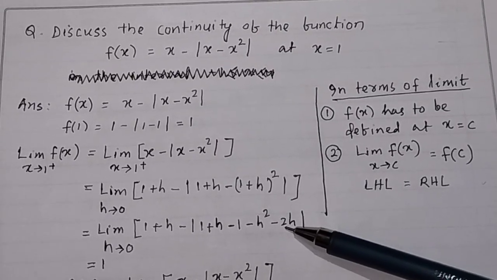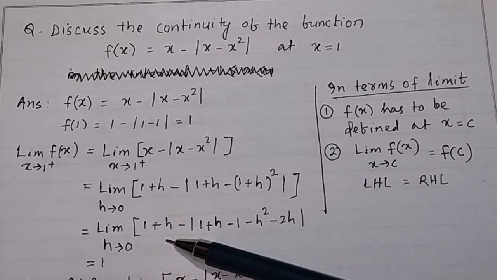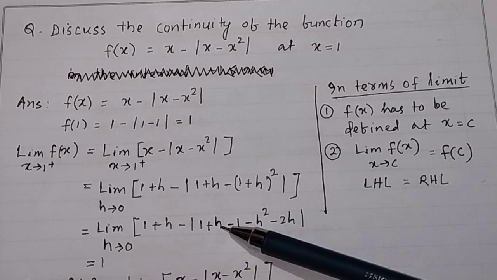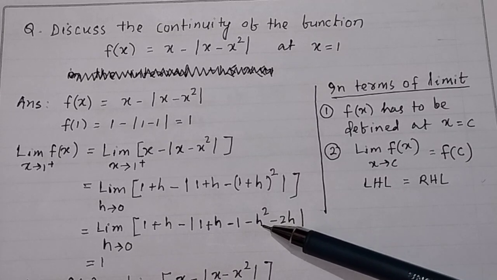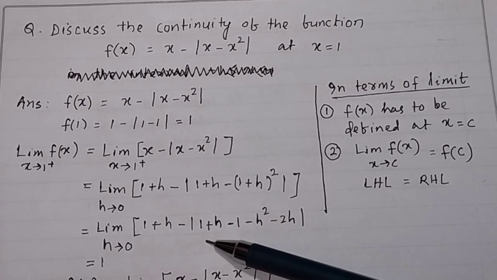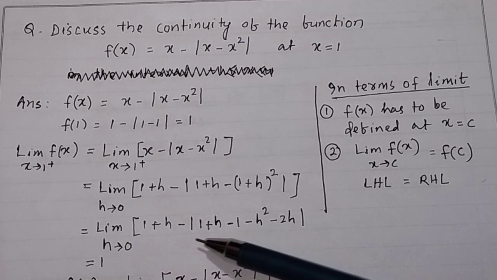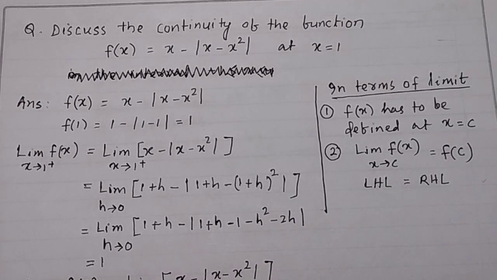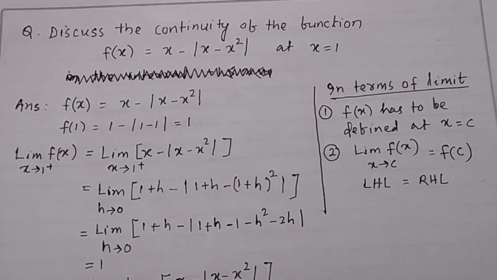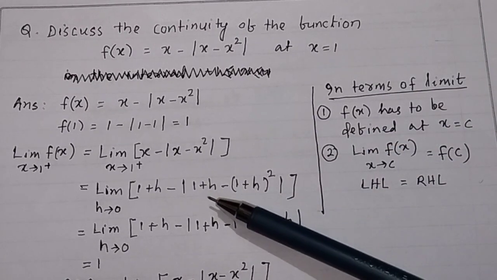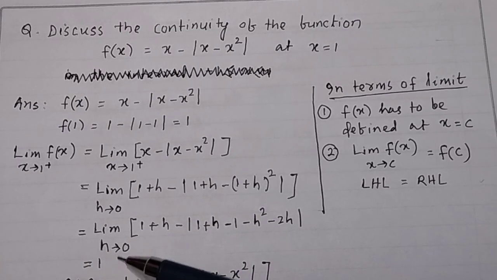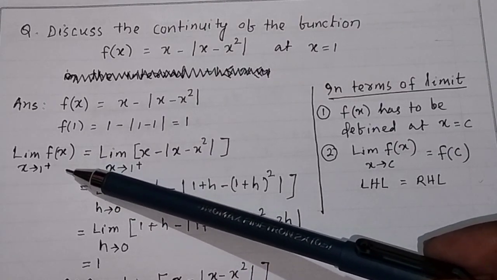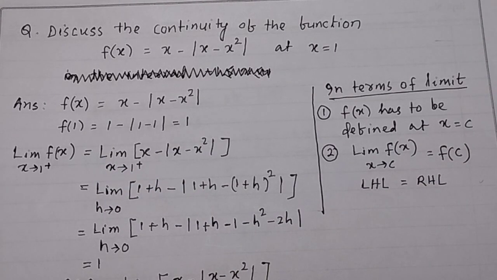Because h approaches 0, h and minus 2h cancel, h² approaches 0, and the value of the limit will be equal to 1. So the limit of f(x) as x approaches 1 plus will be equal to 1.